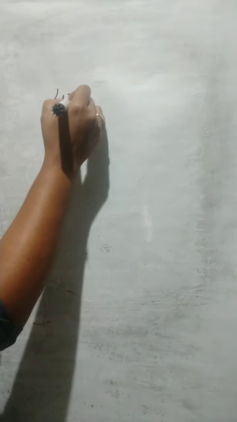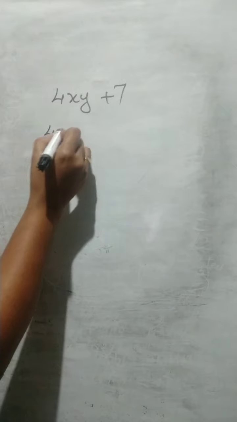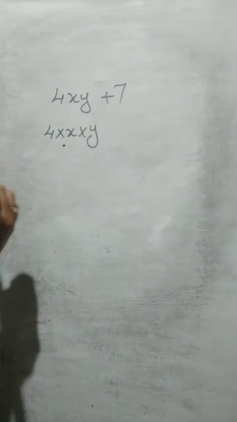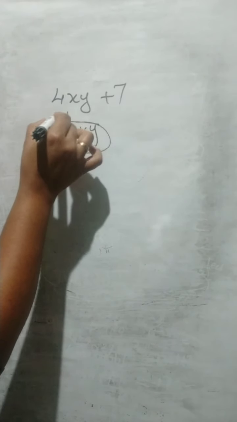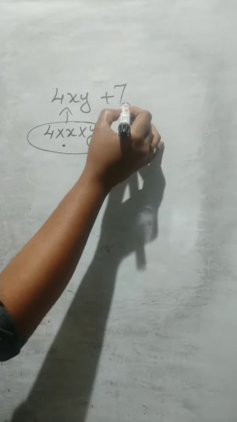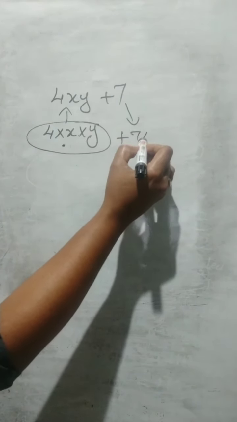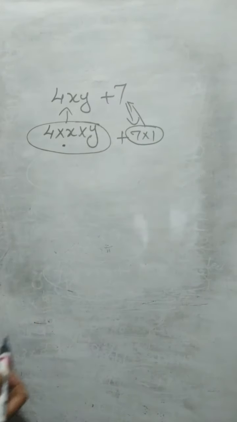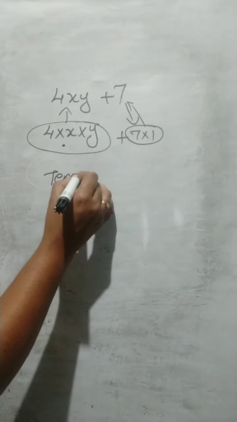Here 4xy plus 7. We can write 4xy as 4 times x times y. So now we can say these are the factors of 4xy. And for this 7 we can write 7 times 1. These are the factors of 7. Okay. Then one more thing: terms of an expression.